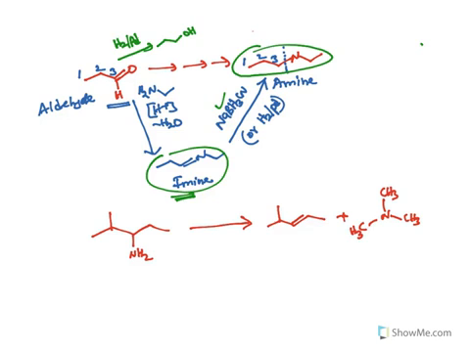Next, I want us to look at another transformation. In this case, it involves an amine, to be specific a primary amine, being transformed into an alkene and a tertiary amine. Looking at the changes that have taken place, you can see the amine here, and now it has been transformed.